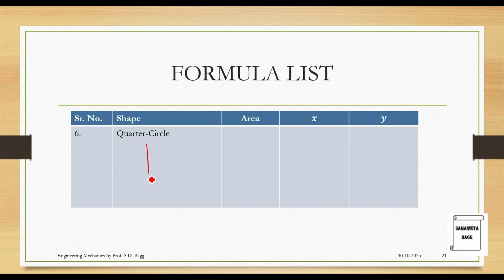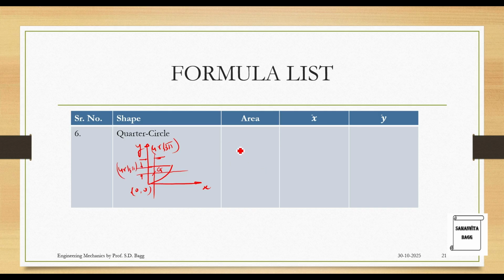So again you have y-axis and the x-axis. This is 0, 0. This is how it will look like. Here is your G. This small gap is 4r by 3 pi, and this gap is going to be 4r by 3 pi.